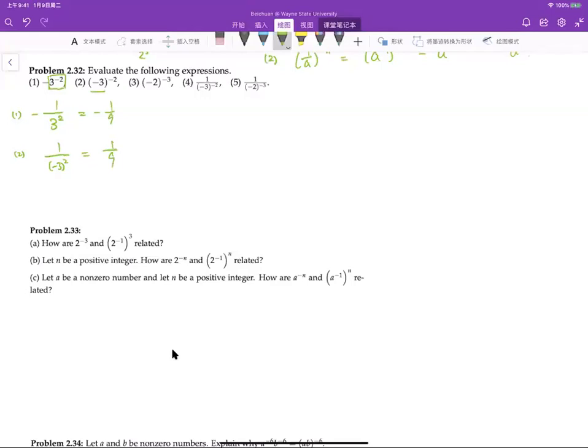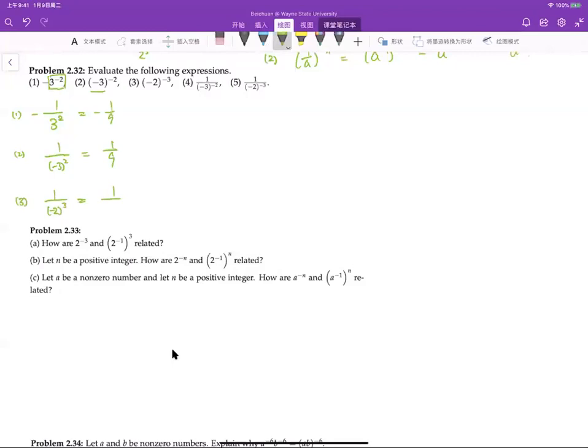All right, how can you continue to do number 3? You can turn it into 1 over negative 2 cubed. Good. So that's 1 over negative 2 cubed, which equals 1 over 8. Is that 8 or negative 8?